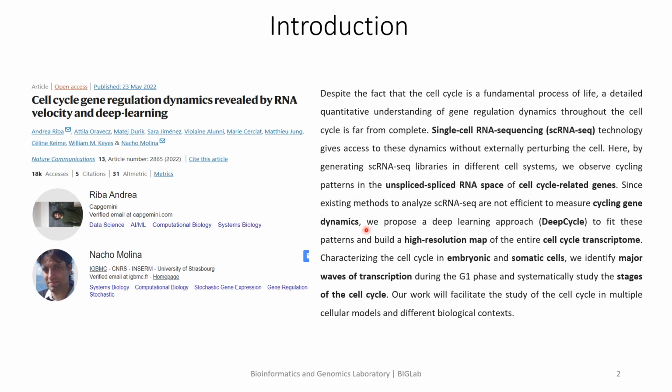Despite the fact that the cell cycle is an important process of life, the gene regulation dynamics are still unclear, and thanks to the development of single-cell RNA sequencing and methods to analyze the spliced and unspliced RNA space of cell cycle-related genes, the authors, including the first author Henry Riba and the corresponding author Nacho Molina, developed a deep learning tool named Deep Cycle to describe a high-resolution map of the cell cycle transcriptome.